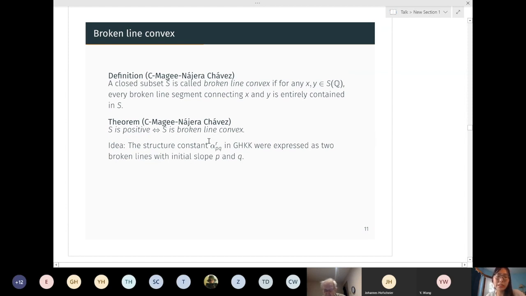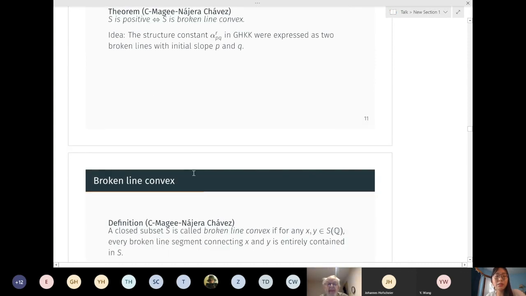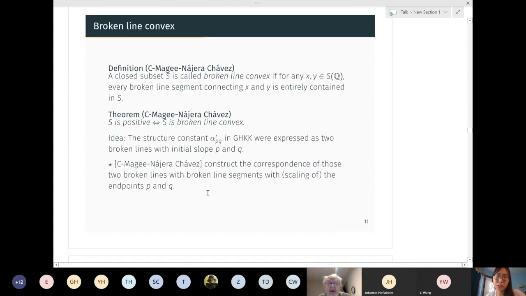In the beginning, when we described the structural constants, you remember we emphasized that the structural constants for P and Q are given by broken lines with initial slopes P and Q. The way to do it is to construct the two broken line segments, because here we want to talk about the polytope, and broken line convexity is about endpoints. So we just convert the initial slope into an endpoint.